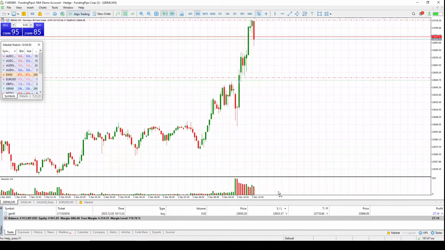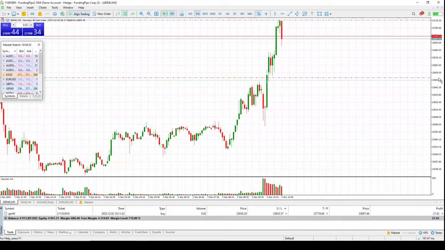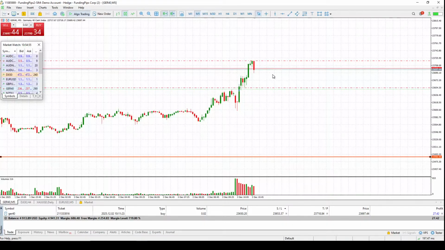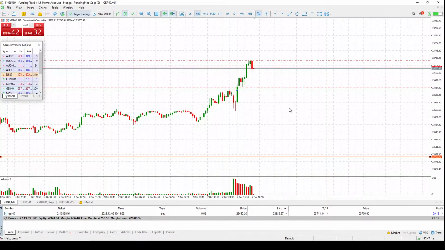Let's get closer to see what's going on in here. Okay, so this is the last 5 minutes of the opening hour. Hopefully there will be some continuation, just some last pushback in case sellers are planning to come in.